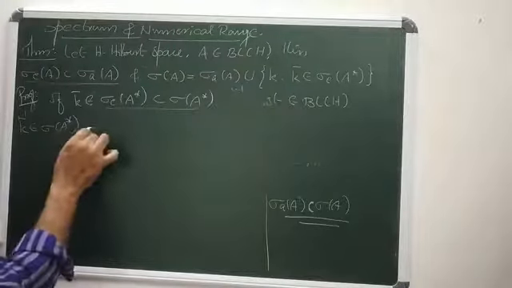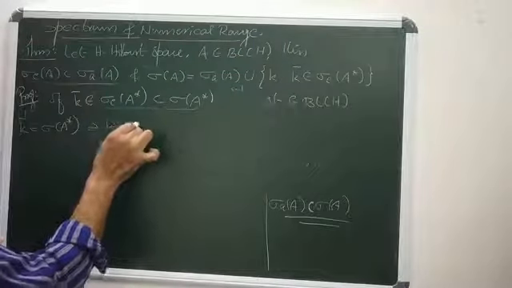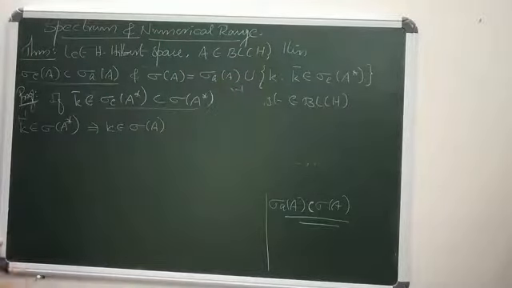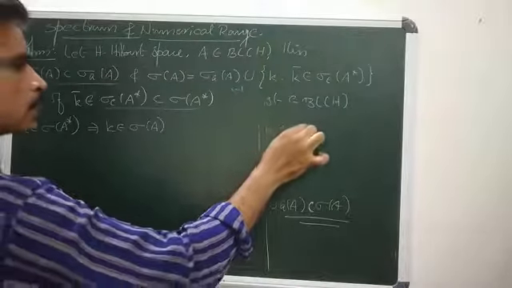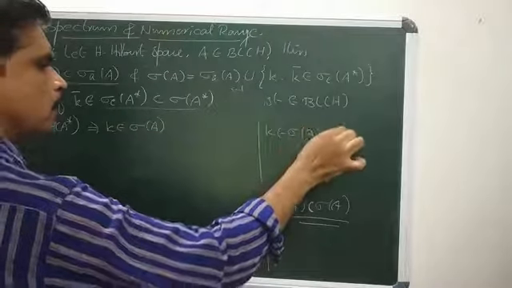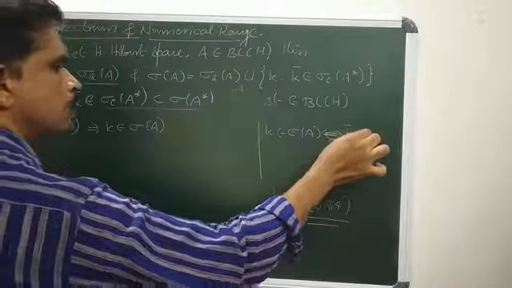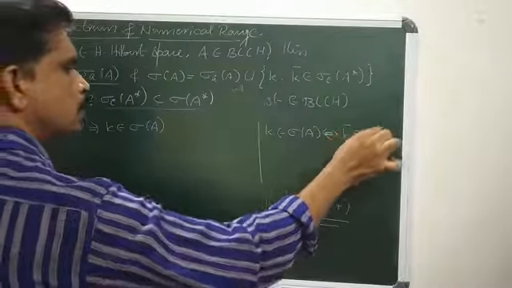K bar is present in sigma A star means k is present in sigma A. Why? Because of our previous result, which says that k falls in sigma A if and only if k bar falls in sigma A star.